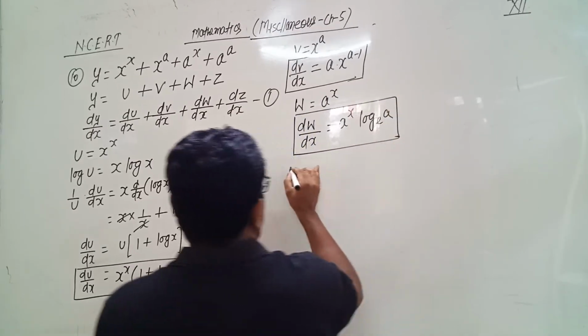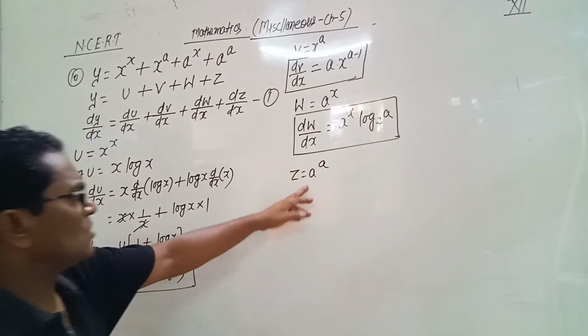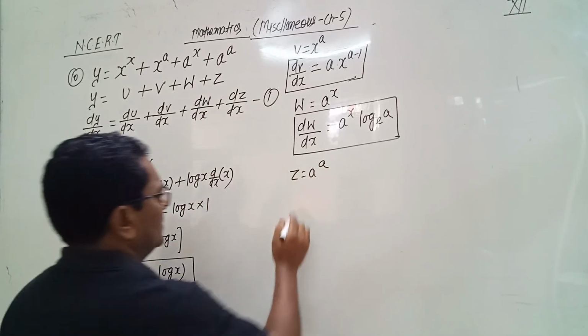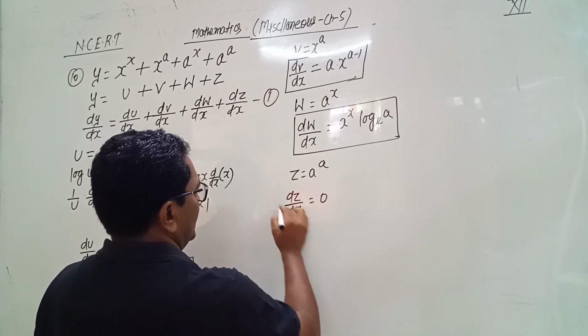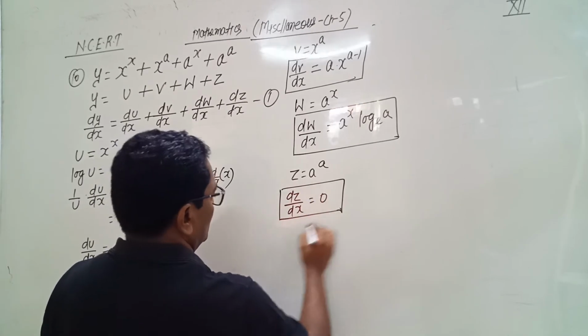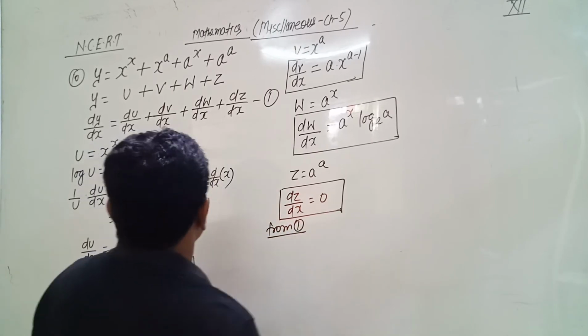Now z equals a raised to the power a, and this whole term is a constant term, so its differentiation would be 0. dz by dx equals 0. Then put all the values in the first equation.